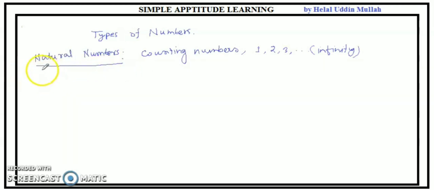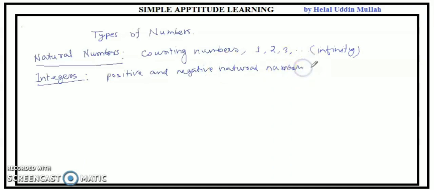Secondly, we have integer numbers. Integers are those numbers that include the positive and negative natural numbers, including 0.